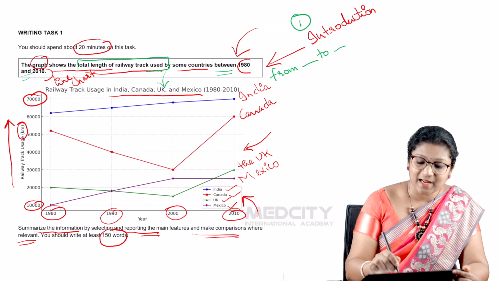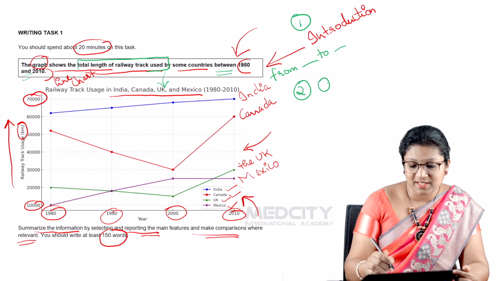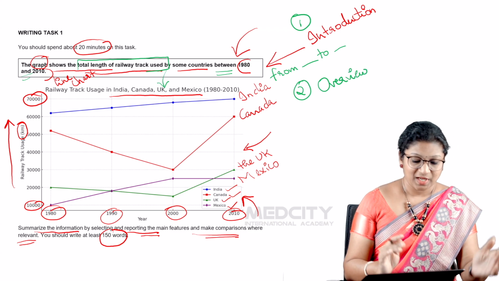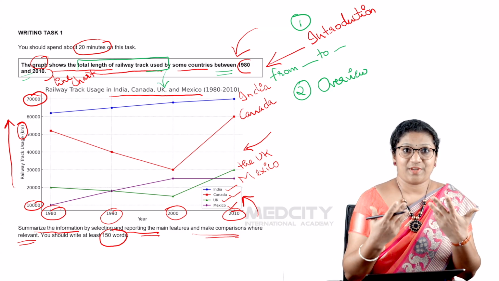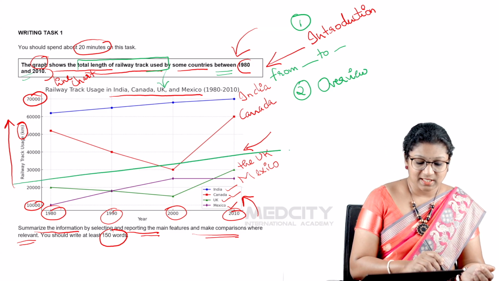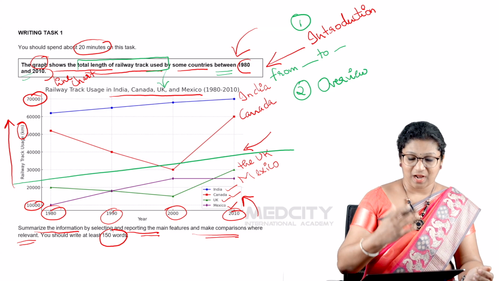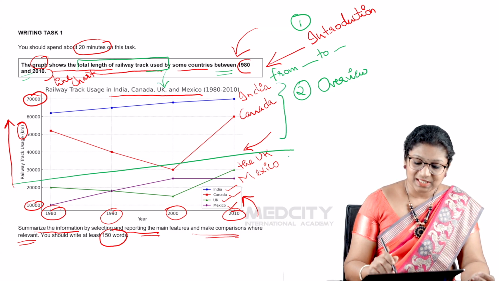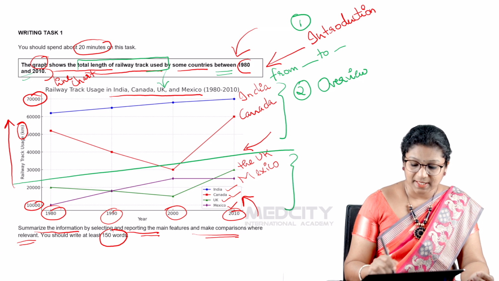After the first paragraph, our second paragraph is the overview. So we need to identify the main trends that you can see. Now quickly looking at the diagram, what is very evident? We can see that the graph can be divided into 2 halves. The first half where we have India and Canada, and the second half where we have the UK and Mexico.